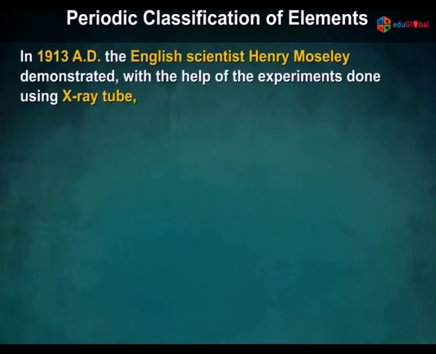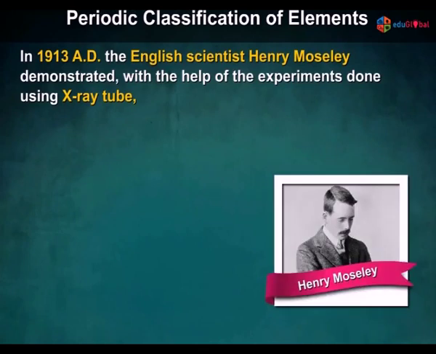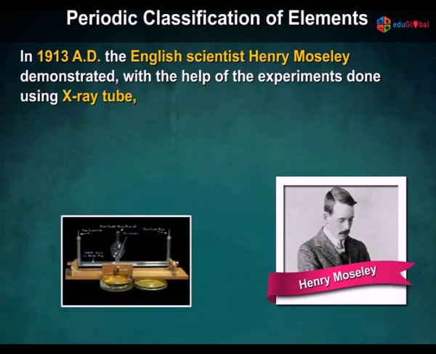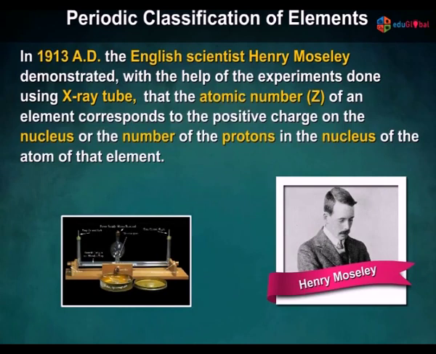In 1913 AD, the English scientist Henry Moseley demonstrated, with the help of experiments done using an X-ray tube, that the atomic number Z of an element corresponds to the positive charge on the nucleus, or the number of protons in the nucleus of the atom of that element.